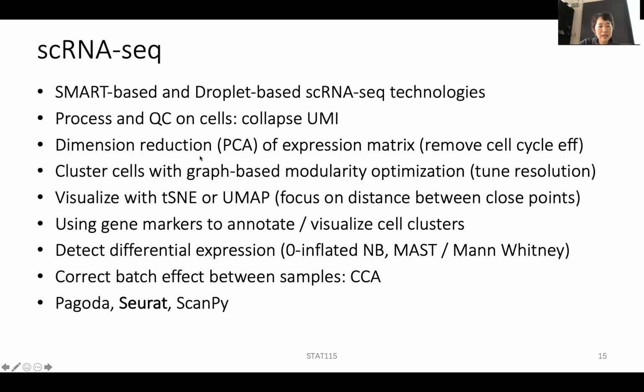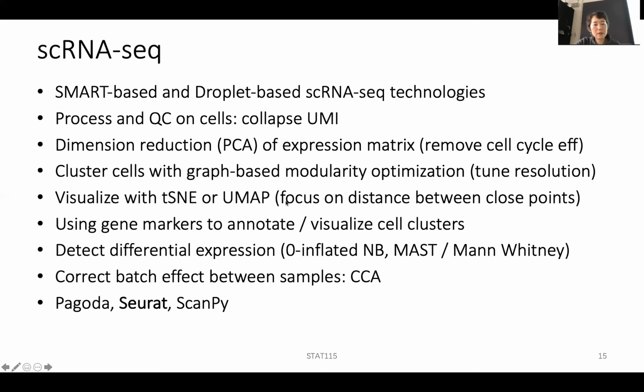We do dimension reduction of the big expression matrix. You can potentially remove the cell cycle effect. And then we can cluster the cells based on modularity optimization. You can tune the resolution to decide, do I want 3 clusters or 10 different clusters? And then we can visualize those clusters with either t-SNE or UMAP, right?